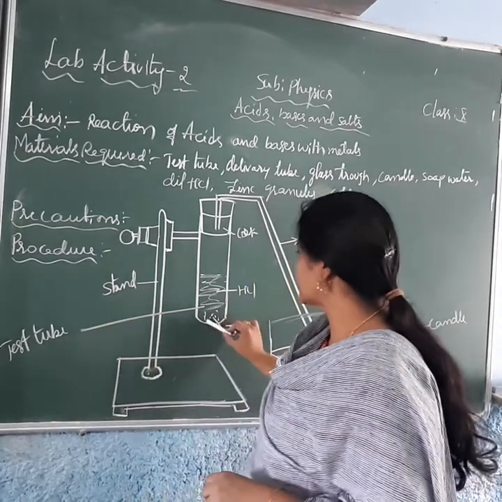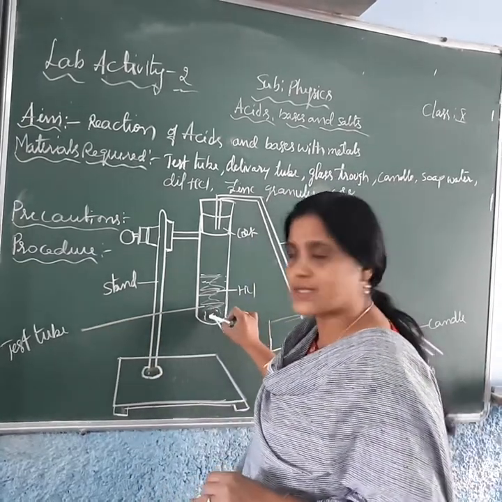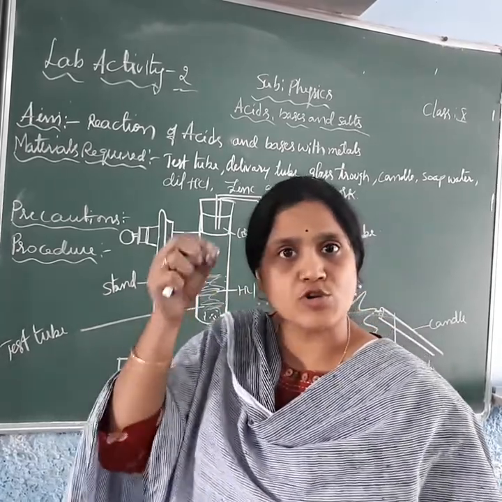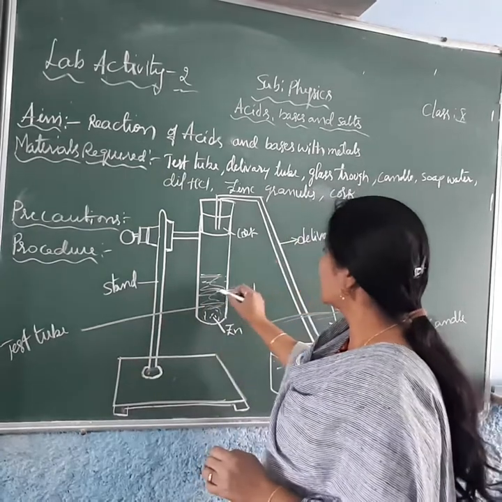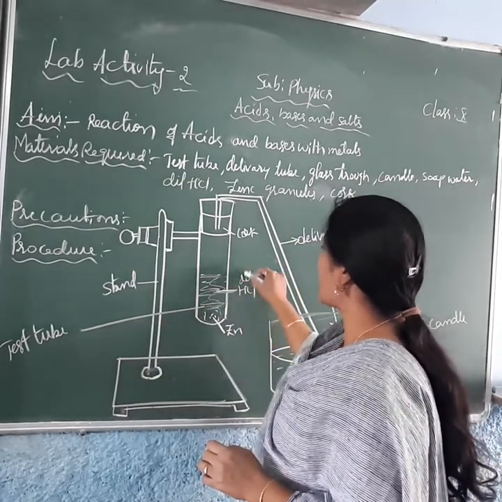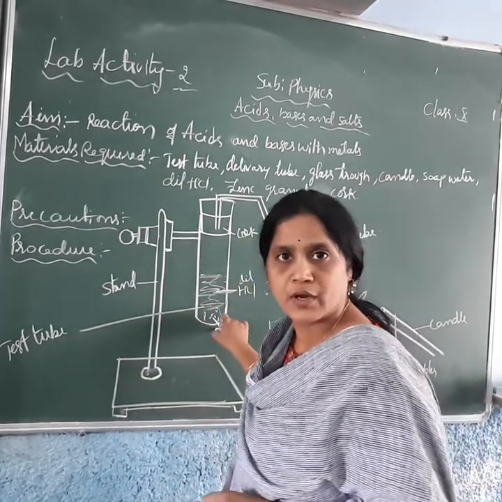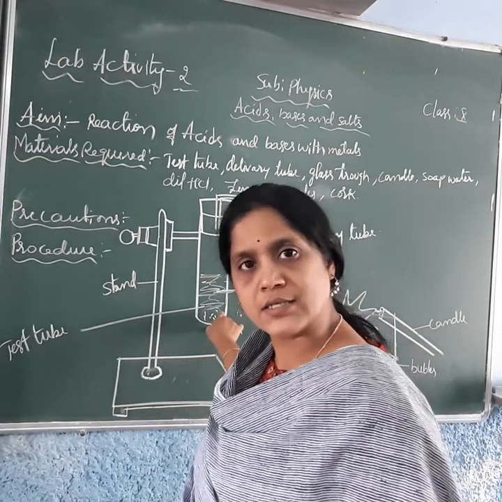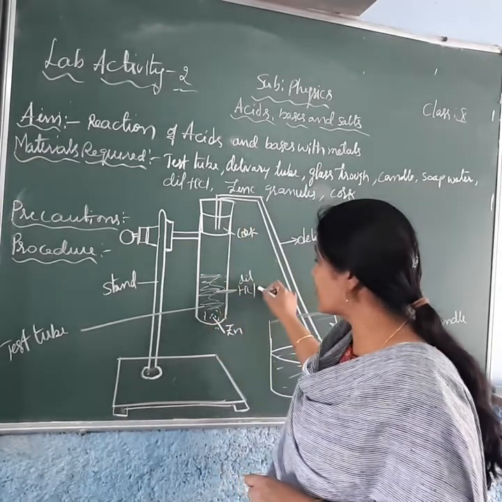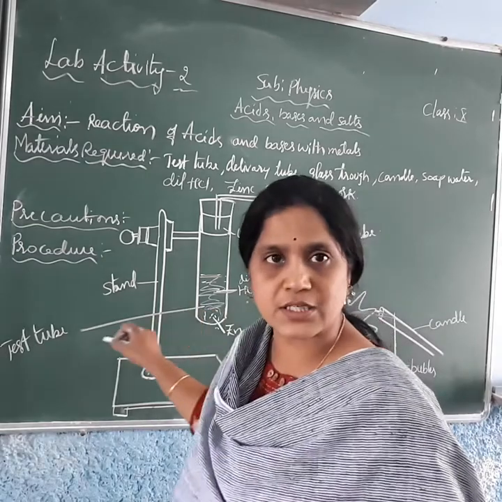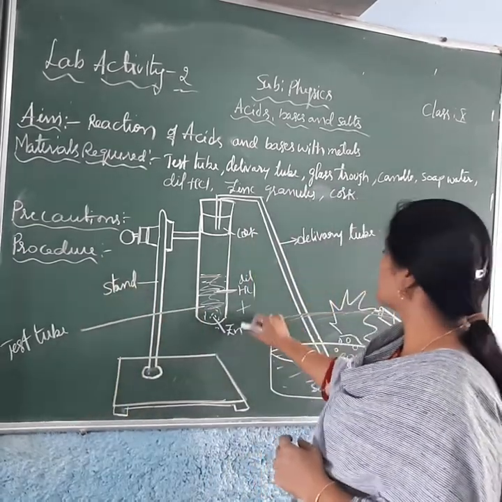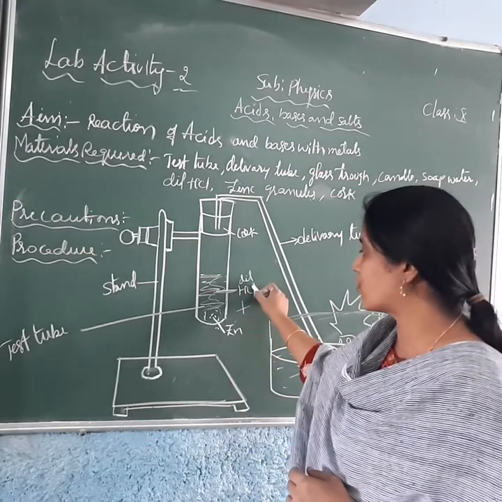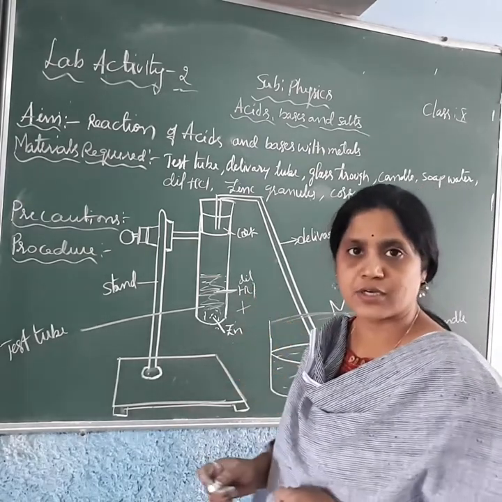Then, with the help of the dropper, add dilute hydrochloric acid to this test tube. When you add dilute hydrochloric acid to the zinc metal, a reaction takes place between hydrochloric acid and zinc granules.